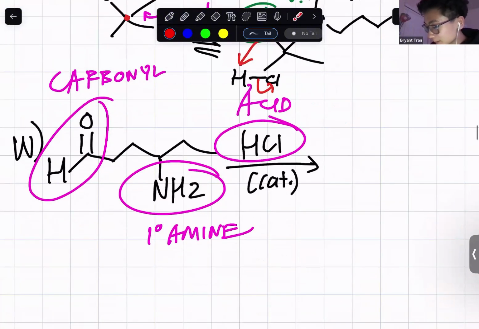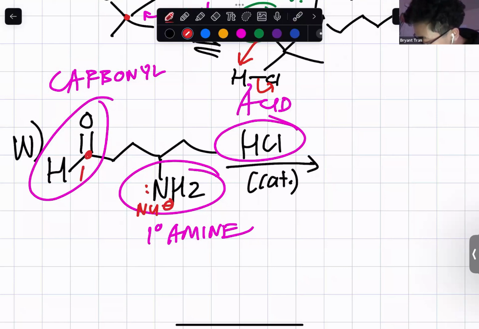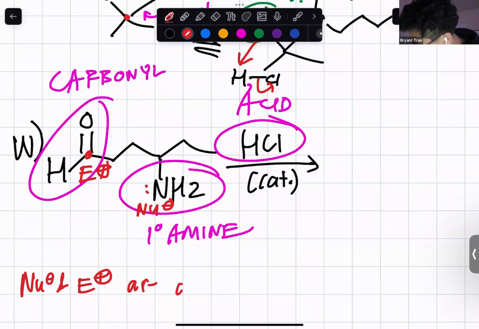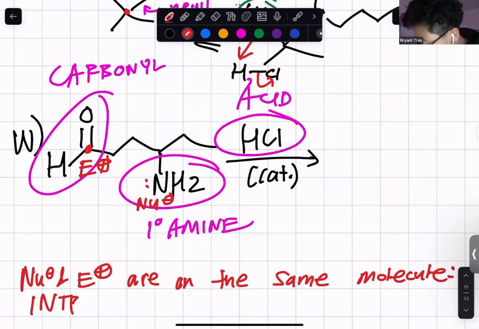But notice how the nucleophile is on the same molecule as the electrophile. This is my nucleophile. This is my electrophile. When the nucleophile and electrophile are on the same molecule, it's a special type of reaction known as an intramolecular reaction.